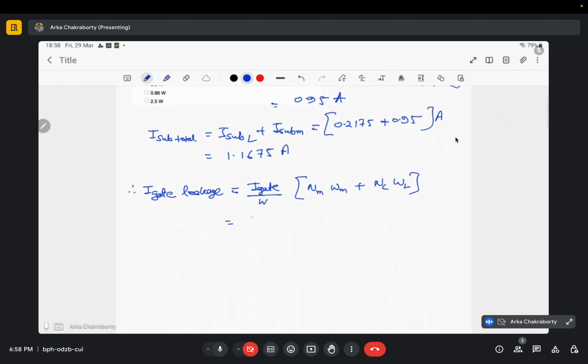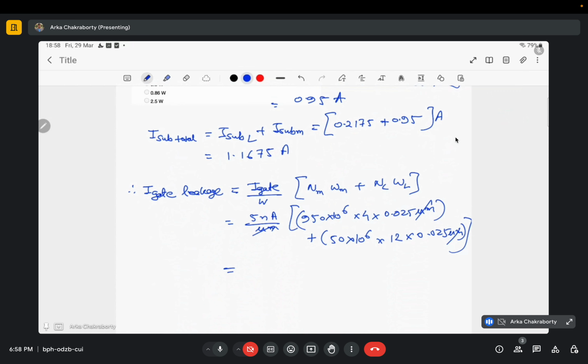I gate by W is given as 5 nanoampere per micrometer. Nm is 950 into 10 to the power 6, and it is 4 lambda, so 4 into 0.025 micrometer, plus NL is 50 into 10 to the power 6 into 12 lambda, right? So 12 into 0.025 micrometer.